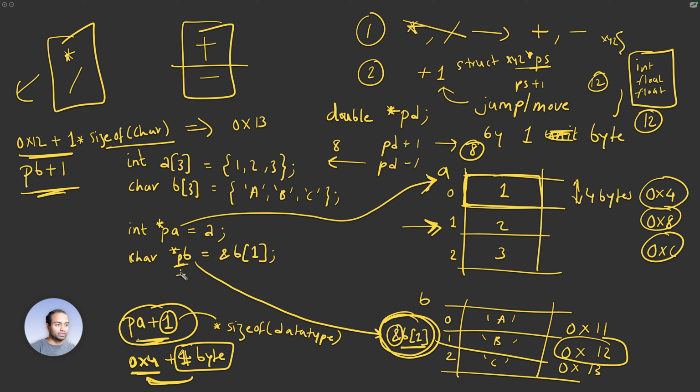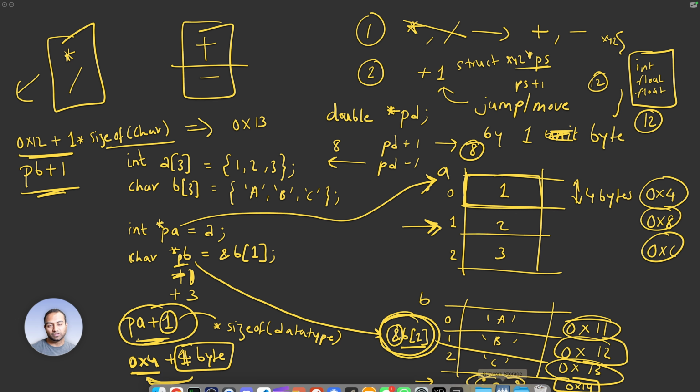If I increment this by 1, it becomes hex 13. If I decrement it by 1, it becomes hex 11. And what happens if I increment it by, let's say, 3? It's then holding the address hex 14, where you don't have anything useful. It's fair to point at that location.